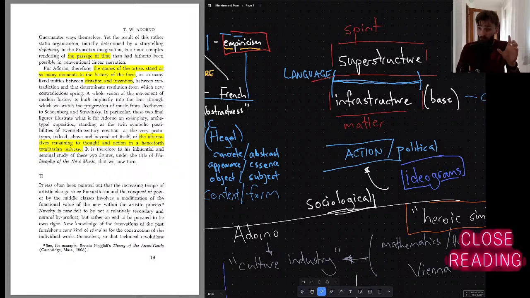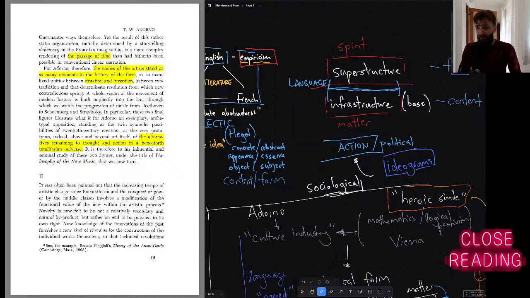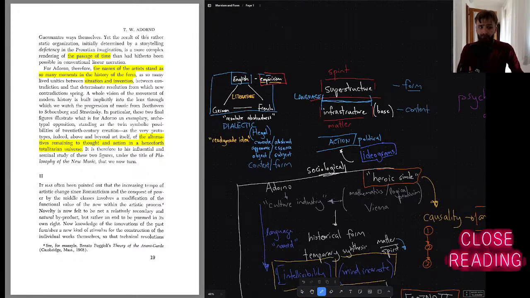This is true for all of the dialectical dyads that we've looked at here: concrete and abstract, spirit and matter, superstructure and infrastructure. These terms are defined in relation to their opposite in some sense, and they work together in order to help us understand each of them.